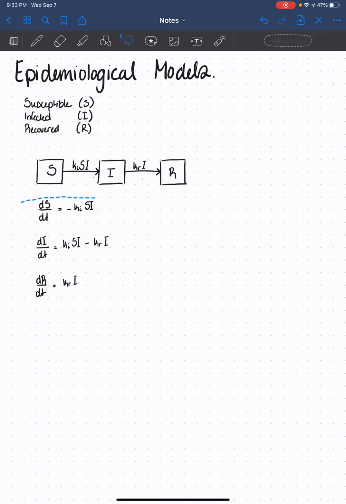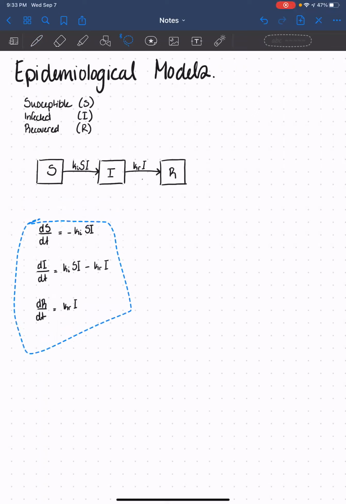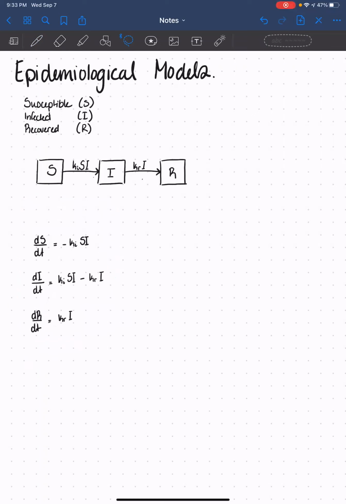So I'm going to move these equations down. And so there's some vaccination, but you can only get it if you haven't had the disease yet.